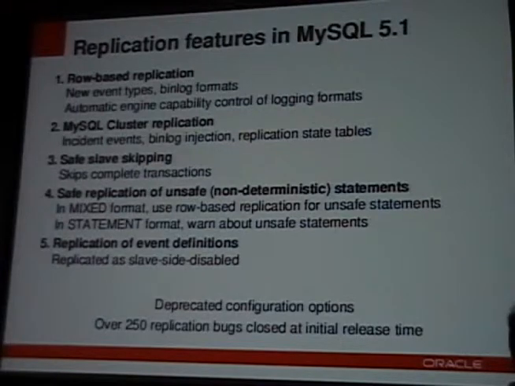So we removed this, and you need to use the change master command. And we fixed over 250 replication bugs when we released 5.1. Most of them are fixed in 5.0 as well, but some of them are only fixed in later versions. Some questions about this?